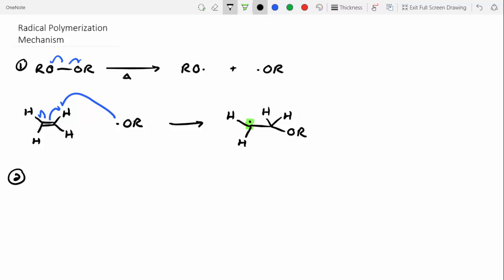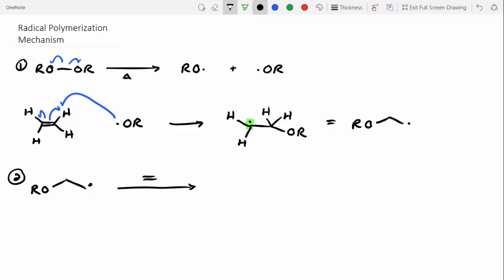So now we can do our propagation step. And I'm going to shorthand this and not draw out all of our hydrogens, just to keep things clean. So I'm just going to abbreviate this as that guy. All right, so now we've got our really unstable primary radical. And we've got more ethylene floating around in solution.